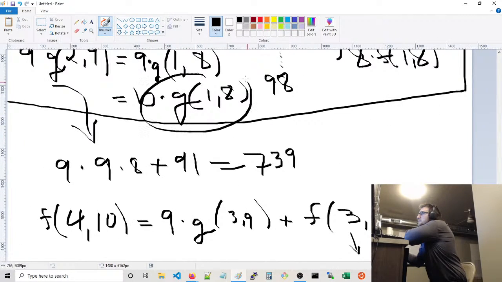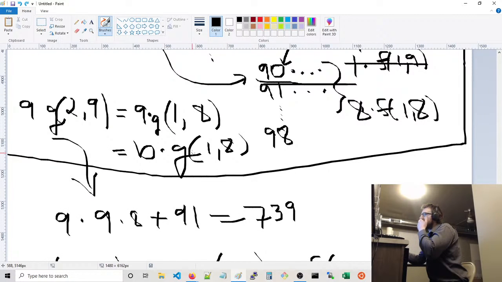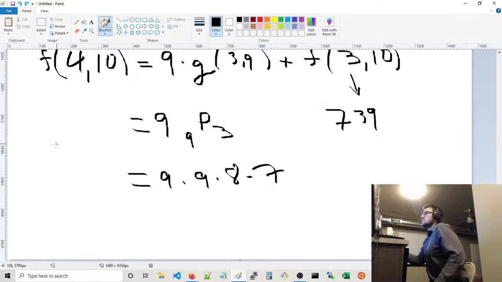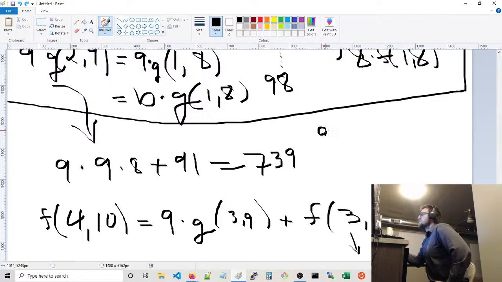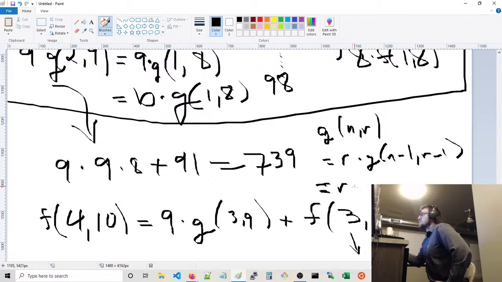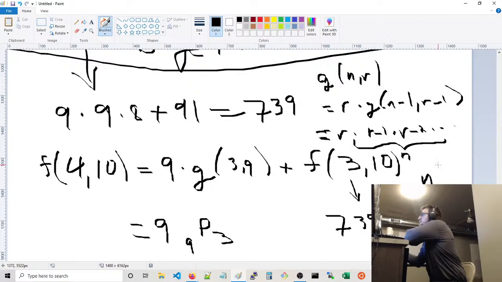Because if g of n, r is r times g of n minus 1, r minus 1, which is basically r times r minus 1 times r minus 2, whereas the total number of things are n, which is really just n, or really r permute n.